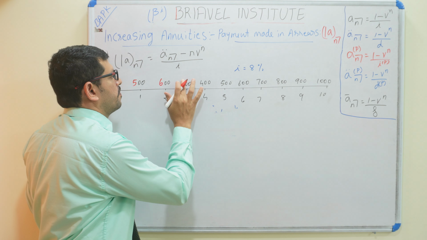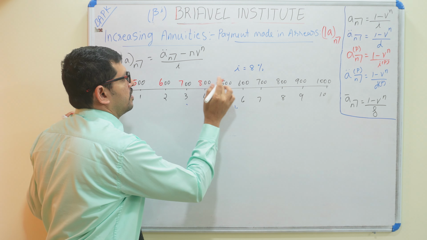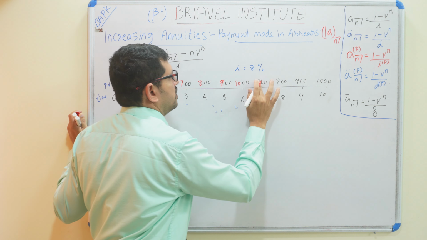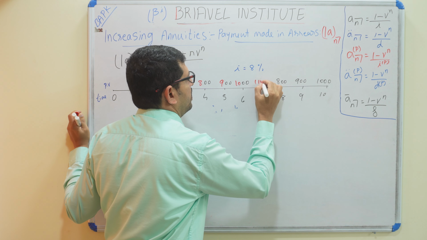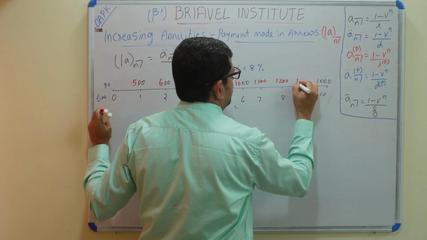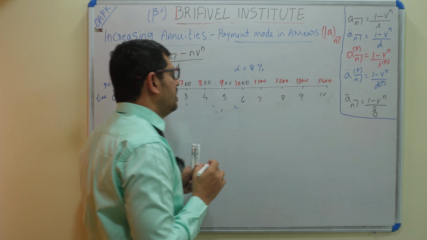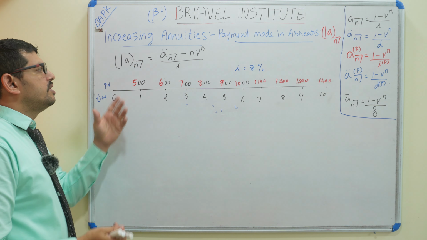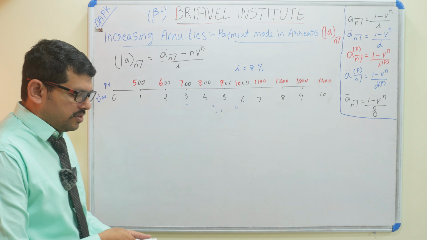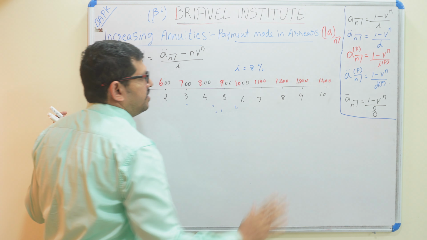Then 700, 800, 900, 1000, 1100, 1200, 1300, 1400. So we have payments like that. It starts with 500, 600, but the increase is 100 only, up to 10 years.